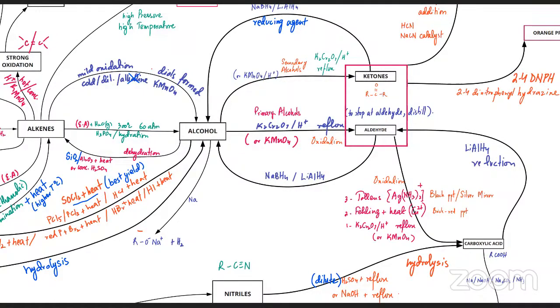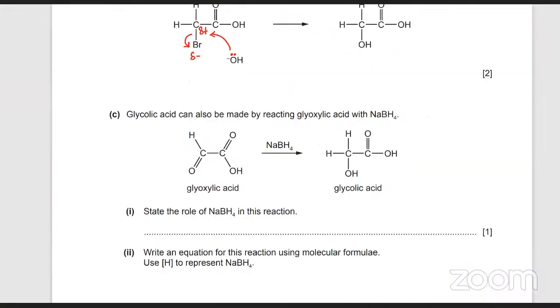So that is exactly what's happening over there, that your aldehyde is turning back into an alcohol. If he had used LiAlH4, then the other side would also turn back into an alcohol. But NaBH4 is not a very powerful reducing agent, so it can only do this to aldehydes.